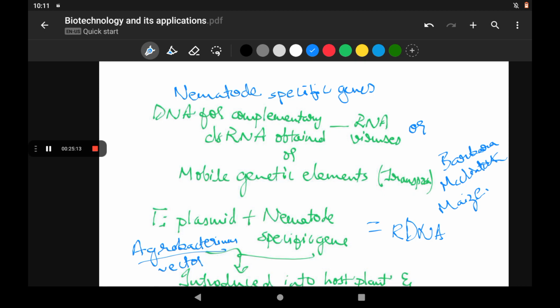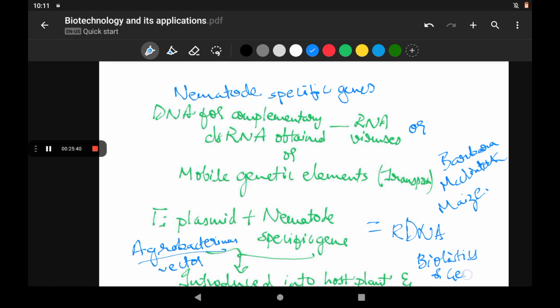So we are using the Agrobacterium vector Ti plasmid plus nematode-specific gene. That is going to form the recombinant DNA. Now this formed recombinant DNA with the nematode-specific gene, we have to introduce into the host cells, that is the tobacco plants. And we can follow this method of biolistics or gene gun.